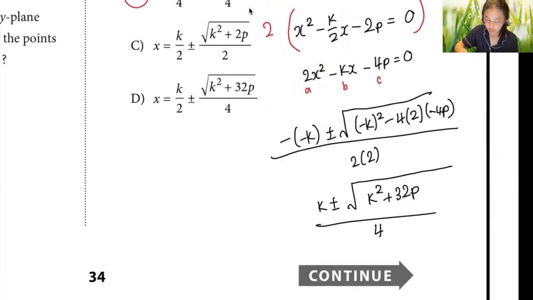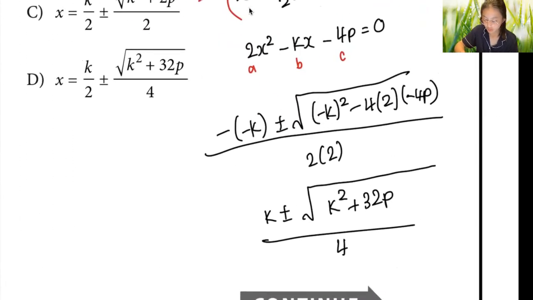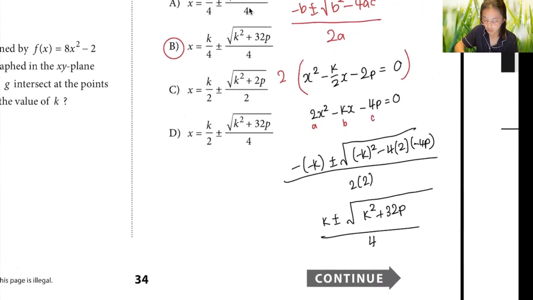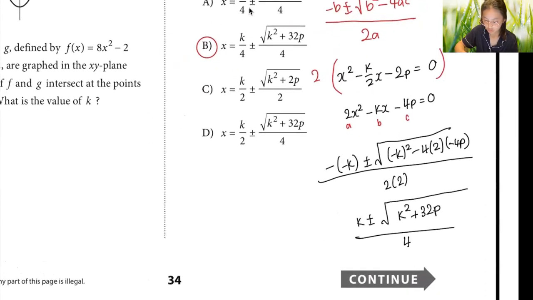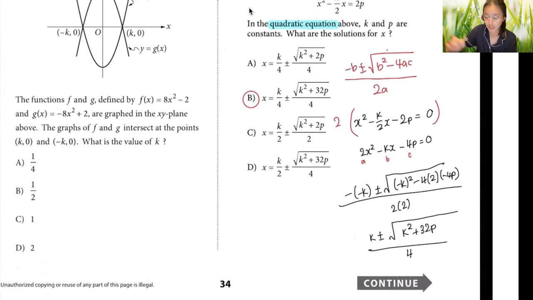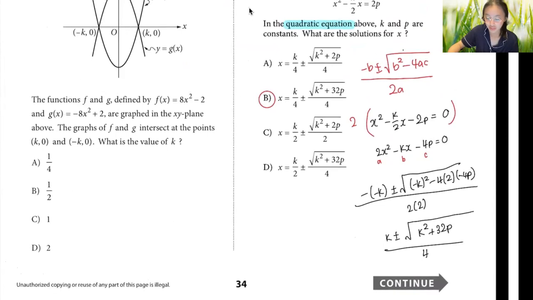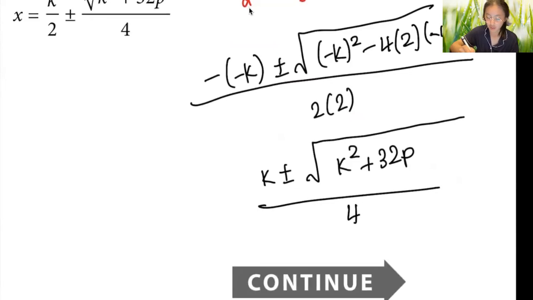Okay, so now that we have this right here, this is basically it. But whenever you get this, you'll be like, well, none of the multiple choices match this. Well, it actually does. It's just breaking it up into two fractions. Remember, when you have plus or minus at the top, you can't just cancel things out. If you're going to break them apart, the denominator needs to stick with both sides.